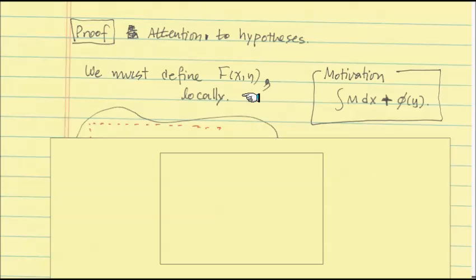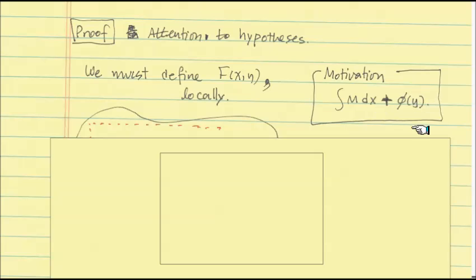If you're given M and N, and you're actually asked to compute what this F is, the first thing you do is look at this M, the coefficient of dx in the differential equation, and integrate it with respect to x.